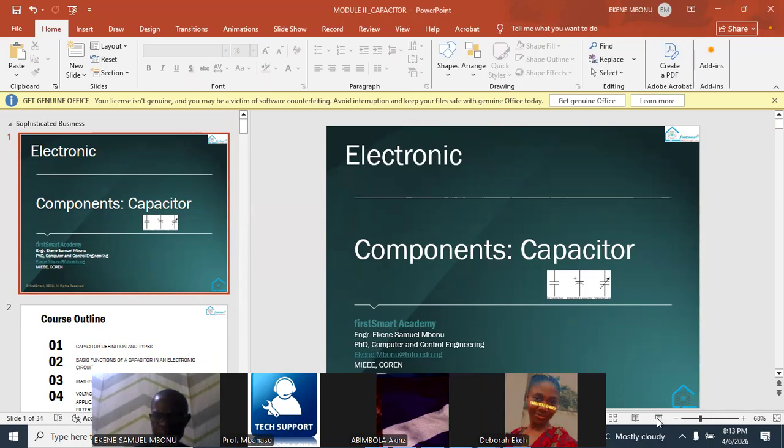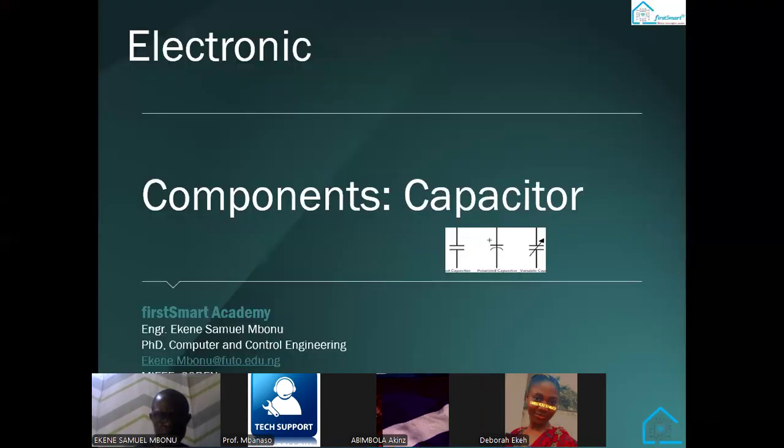So the other time, on module 2, we talked about resistors. Today we are dealing with capacitor. Let me quickly say this, and it's important to take note of what I'm about to say.